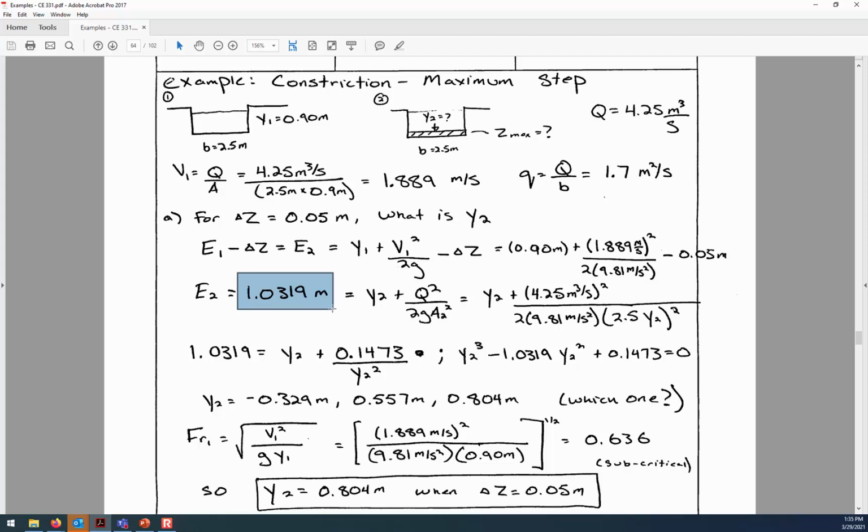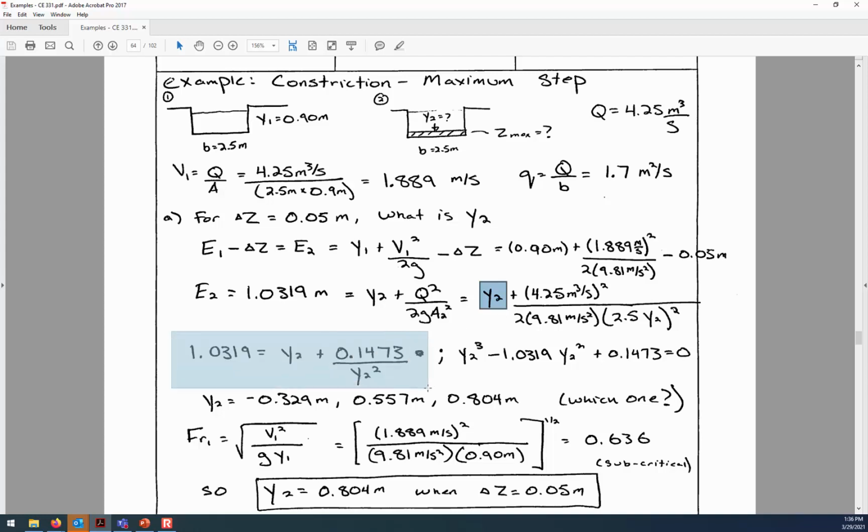And that's going to be distributed between the depth and the velocity head, but we don't know exactly how much is going to go into each, and so that's why it's convenient to express the velocity head in terms of the flow rate Q. Okay, so the channel is still 2.5 meters width, and so the area, you can see down here in the denominator, is 2.5 times y2. Because it's rectangular, it's the width of the channel times the depth. And then we also have the y2 as the depth itself.